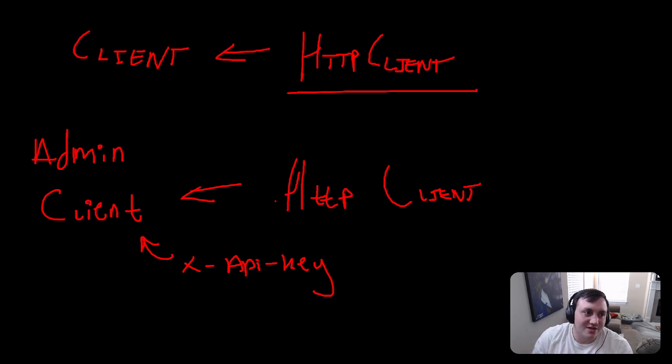I'd have to have this client take in two different keys, and then depending on the method being called, I would have to add the right key for that specific request. Which, I don't know, maybe that feels better. It feels weird.